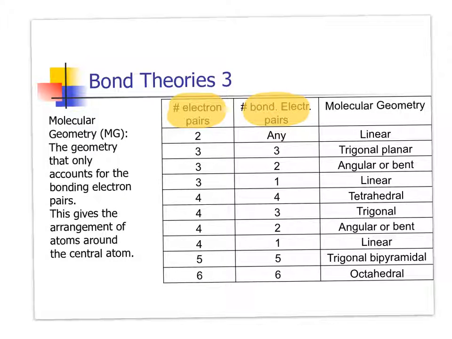And that's why it's really nice for us to use those line structures that we had been using for the last couple chapters, instead of always using the dots. If we use the lines, it makes our life a lot easier, and that's what we're here for, to identify those bonding pairs.